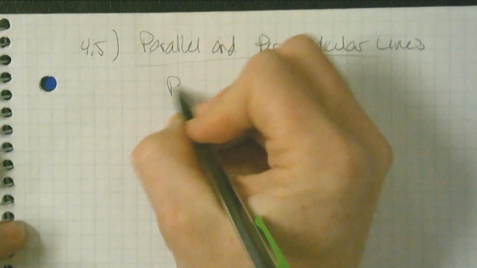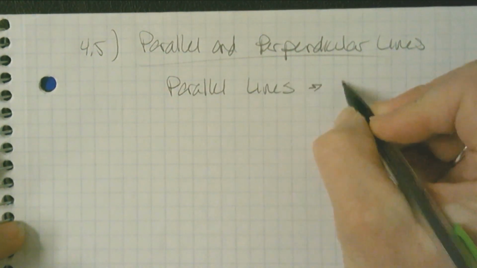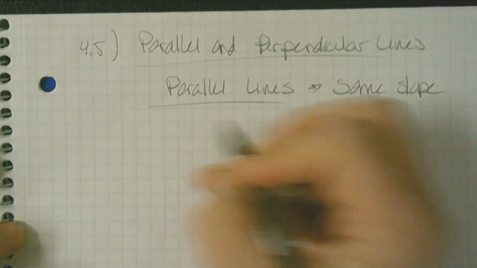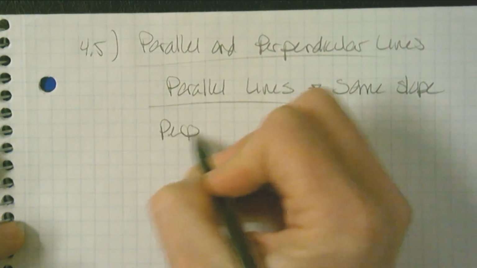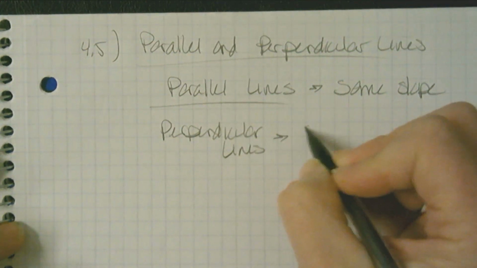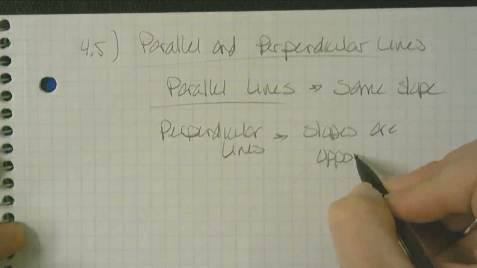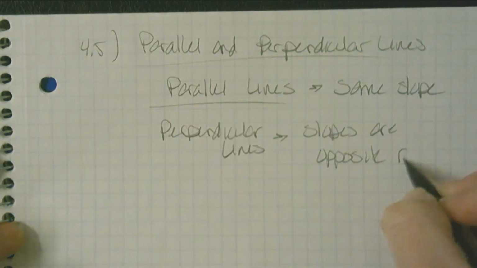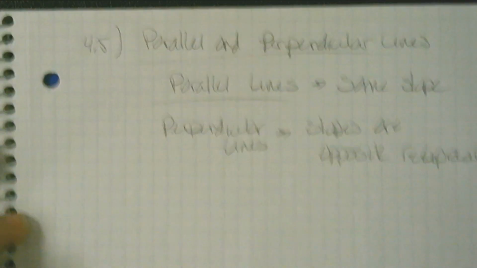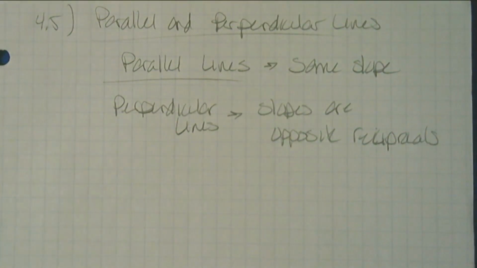Remember, it's our slopes. Parallel lines have the same slope. Perpendicular lines' slopes are opposite reciprocals. Not just opposites, not just reciprocals. Opposite reciprocals. Both.